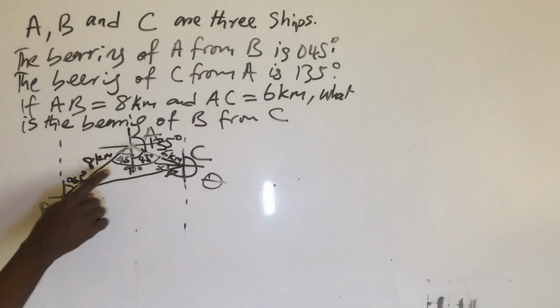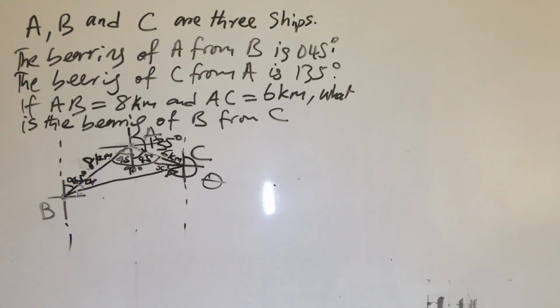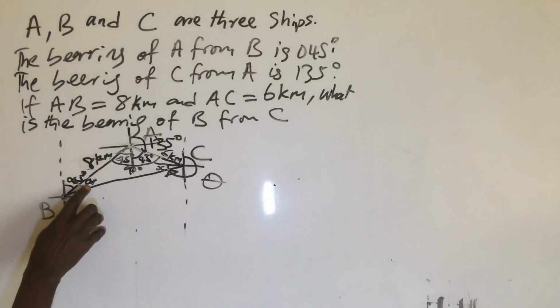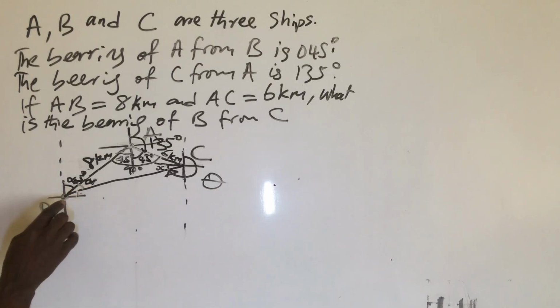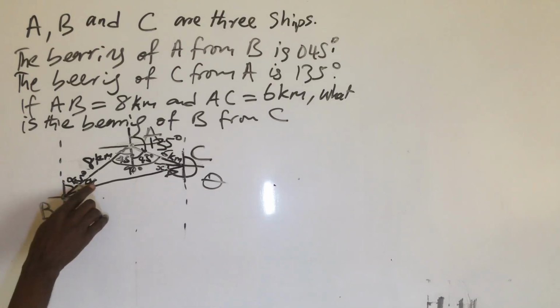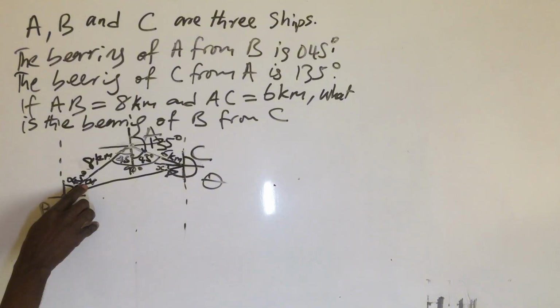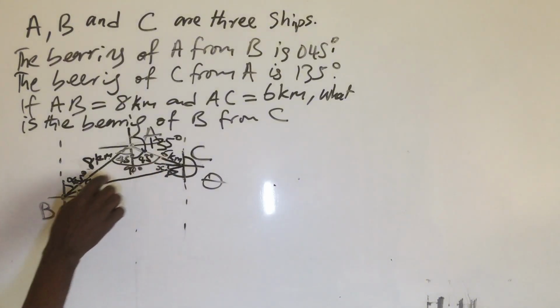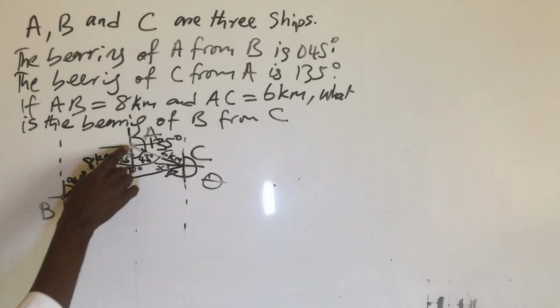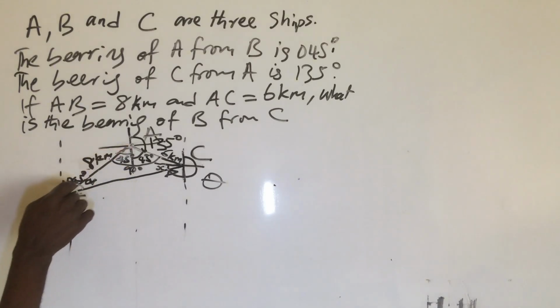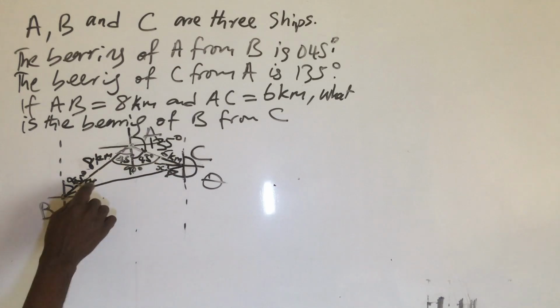Since this triangle is a right angle triangle, what do we use? I think we use tan. Tan says that tan of this angle is equal to opposite to the angle over adjacent to the angle. This side is opposite to this angle, and here is adjacent to the angle.